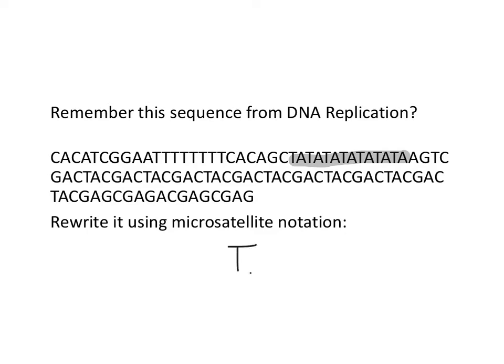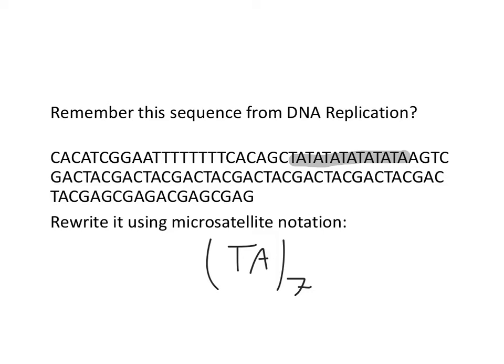Starts with the single unit. Then, yes, it's in parentheses. And then there's a subscript with the number of repeats. So that tells us this is the unit that's repeated 7 times. It's TA, TA, TA, TA, TA, TA, TA. Just that easy.